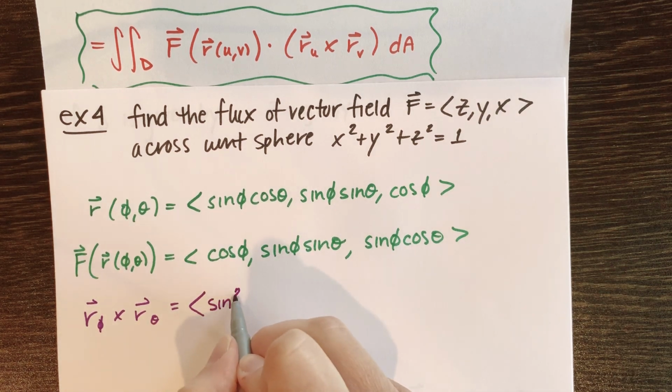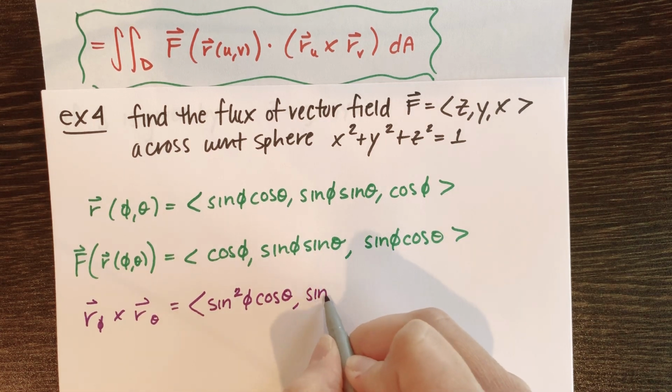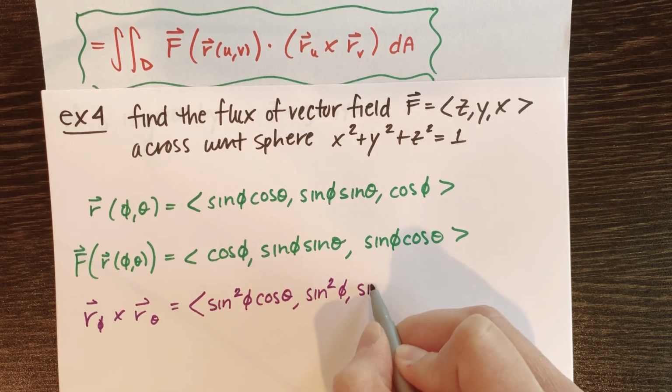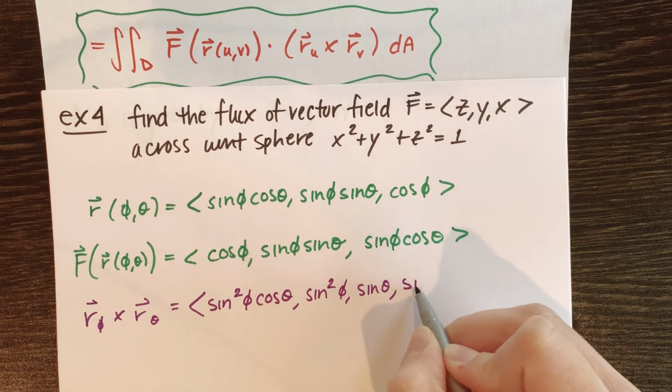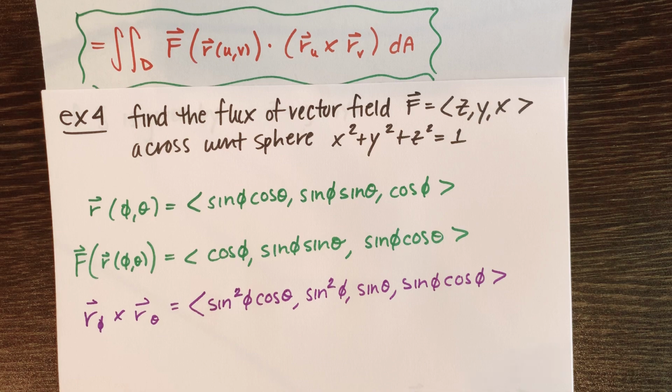But I have sine squared phi cosine theta, sine squared phi sine theta, sine phi cosine phi. Now I'm going to do the dot product of those two. It's going to get messy, that's for sure.